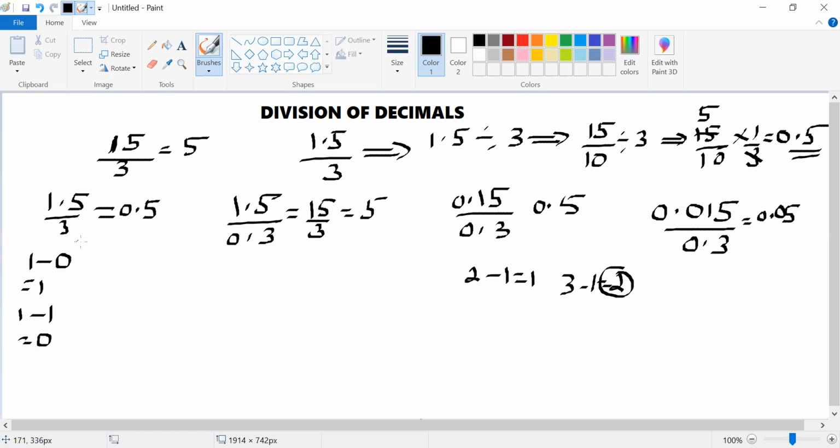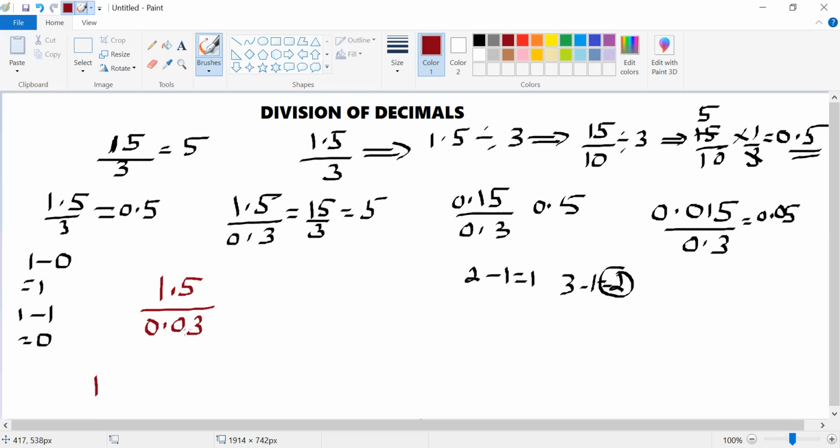Clear? Now, another. Suppose it is 1.5 divided by 0.03. Here, numerator, how many decimal places? 1 decimal place.